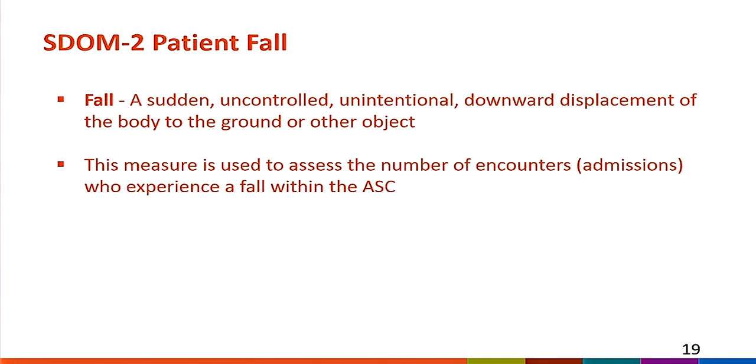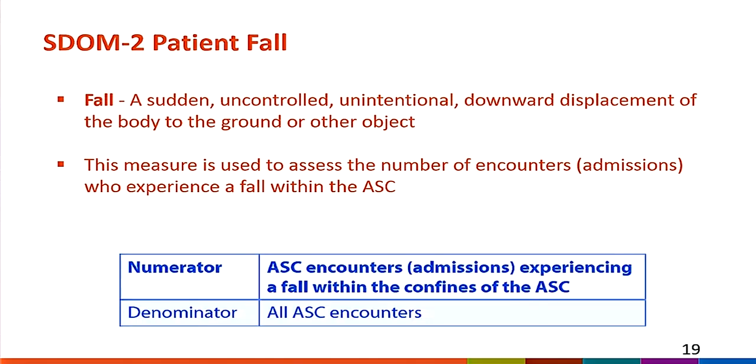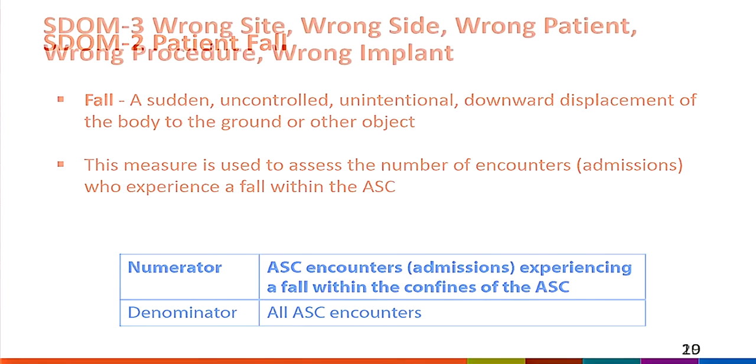This measure is used to assess the number of encounters who experience a fall within the ASC. The numerator is the total number of ASC encounters who experience a fall within the confines of an ASC, and the denominator is all encounters for the ASC.